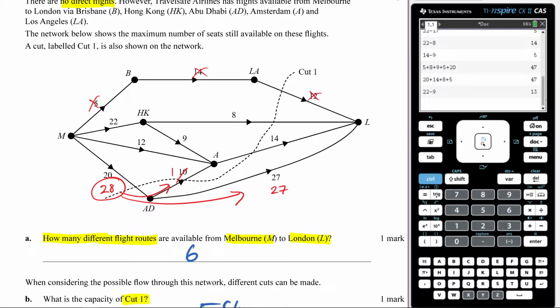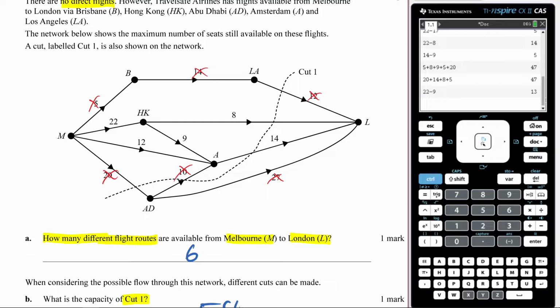That means I have 1 to push up here. And then once I've done that, I've got 1 plus 9 plus 12. So all together, 1 plus 9 is going to be 10. 10 plus 12 is going to be 22. But I can only push 14 people through here, can't I? So as you can see, even though I've added 8 here, it didn't actually increase the amount of passengers I can put through from Melbourne to London. So pushing it through here is pointless. Pushing it through here is pointless. Pushing it through here is pointless. And then you'd keep on going.